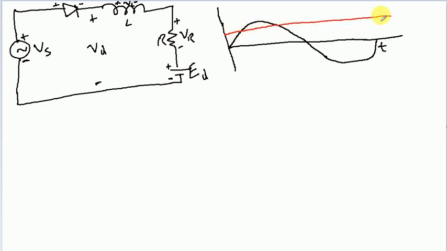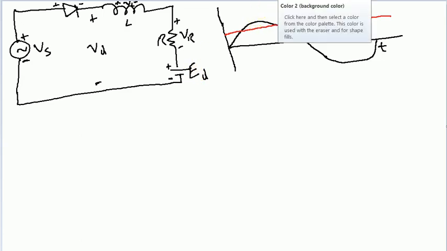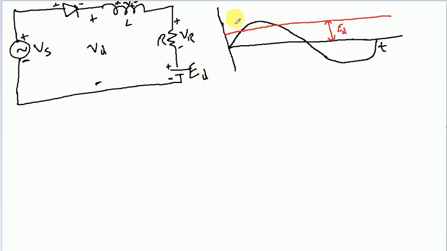So this is the DC voltage of this component, shown by ED, and this is our source voltage in black color.